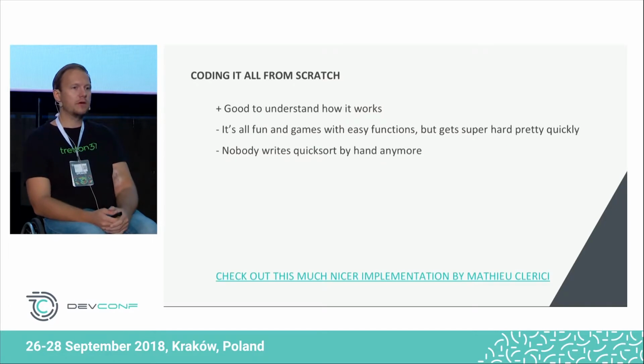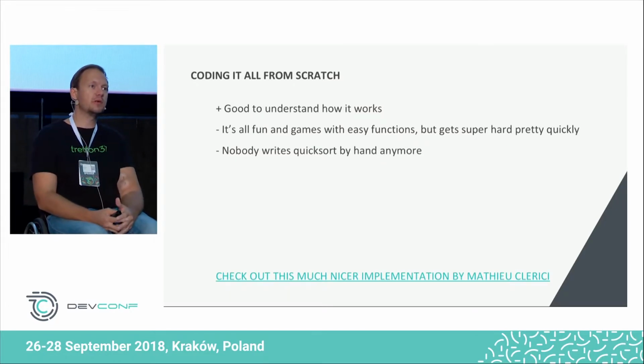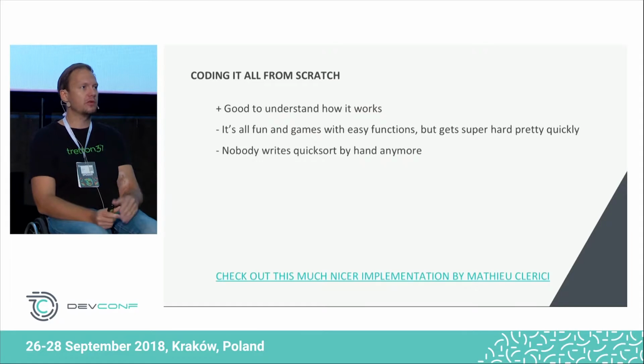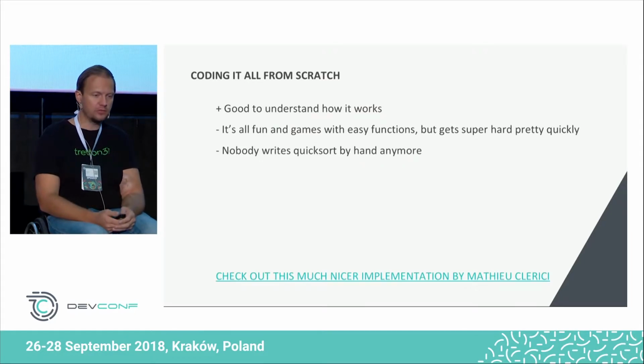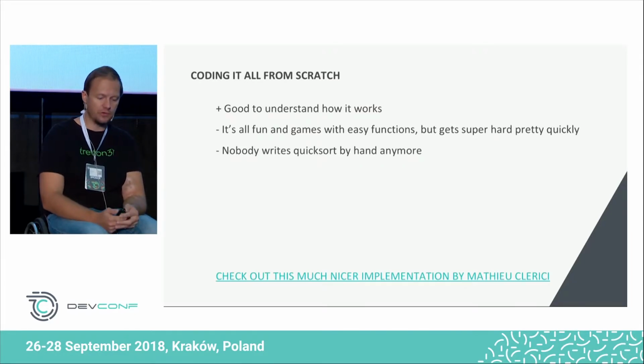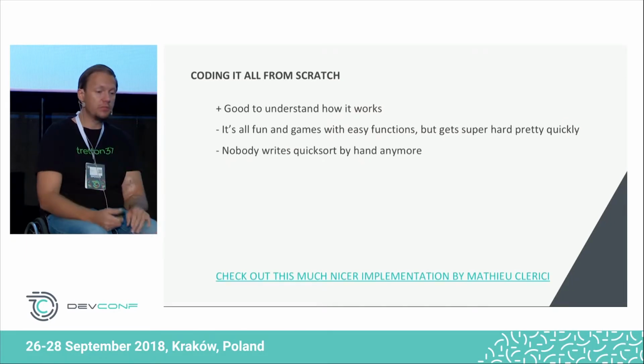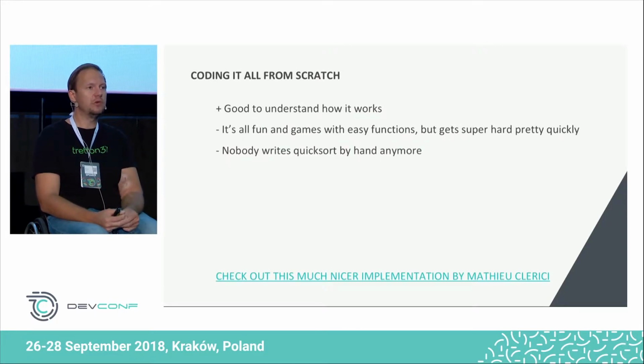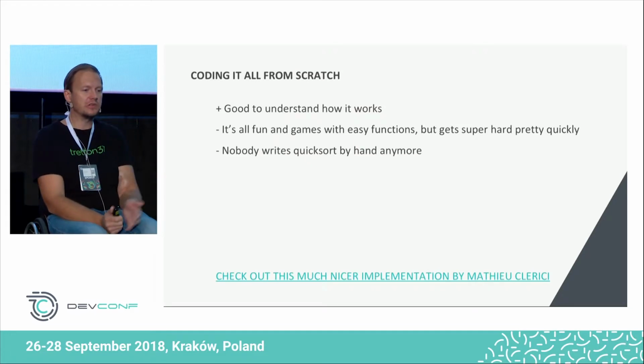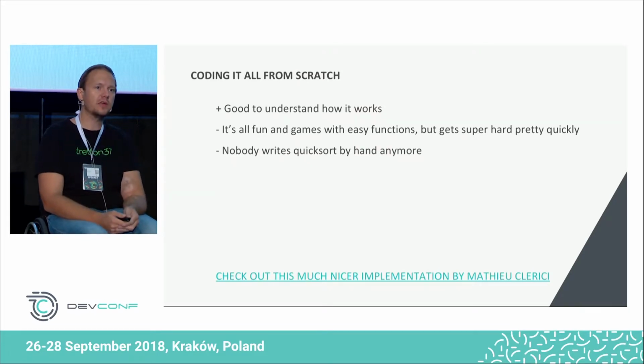I did it twice, implementing some algorithms from scratch. It was a good exercise, but I wouldn't do it for a production system. I also linked here an implementation that Matteo Clerici did, but he did it in a very nice functional way, much better than I did. So when I distribute the slides, you can follow his way of thinking, and I think it's a very nice implementation of linear regression.